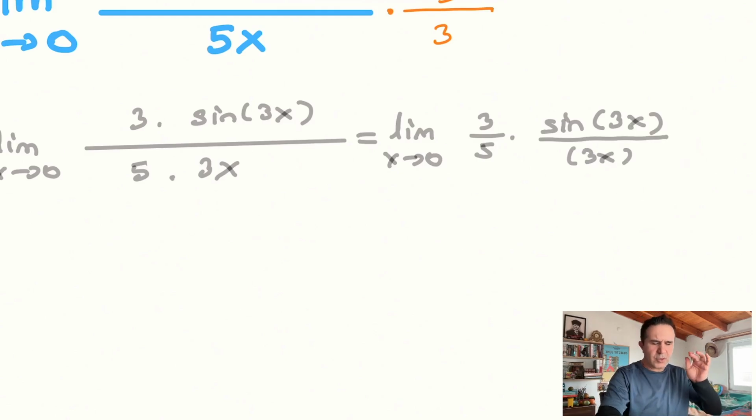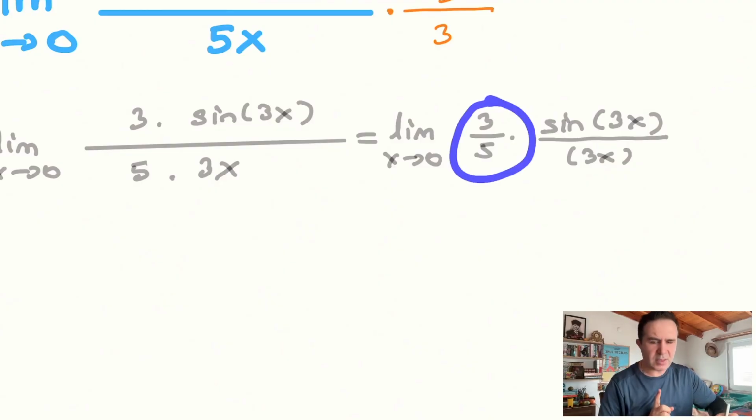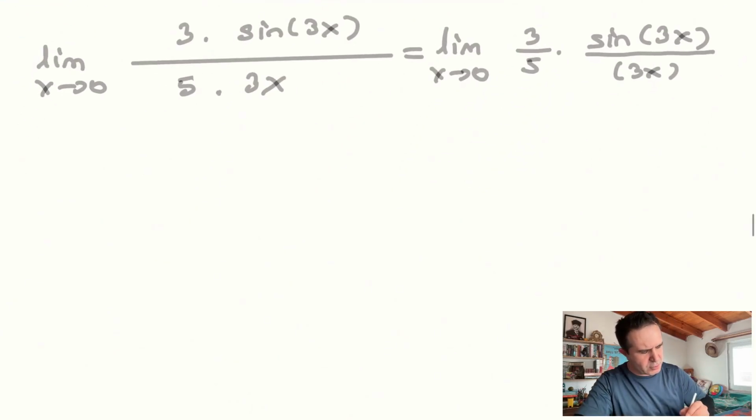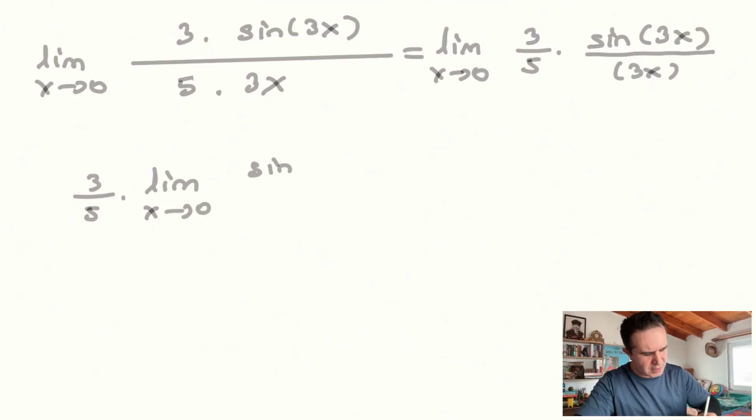Now, the denominator contains the same expression as we have inside the sine. And also, we have a constant here, 3 over 5. We can factor the constant outside the limit. So I will first take the constant outside the limit. Then this expression becomes 3 over 5 times the limit as x approaches 0 of sine 3x divided by 3x.